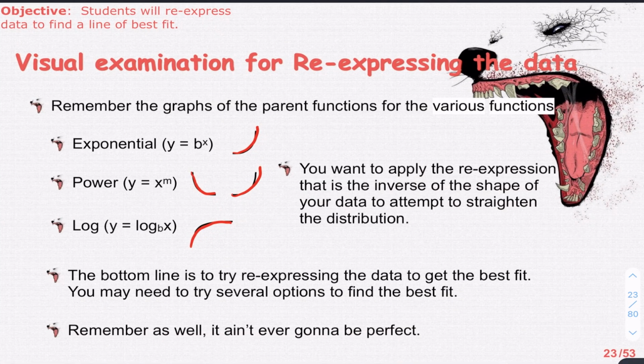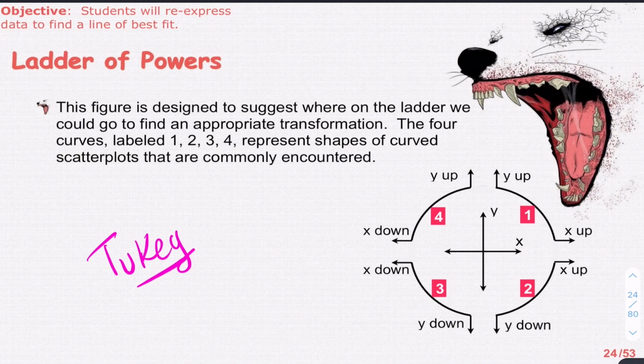You want to apply the re-expression that is the inverse of the shape of your data to attempt to straighten the distribution. The bottom line is to try re-expressing the data to get the best fit. You may need to try several options to find the best fit. Remember, as always, it ain't ever going to be perfect, because we know our models aren't. We're looking for best, not perfect.